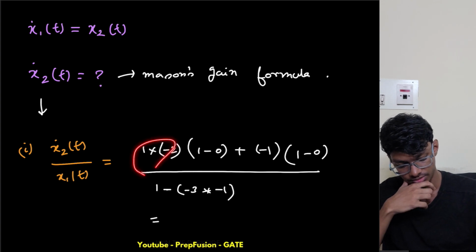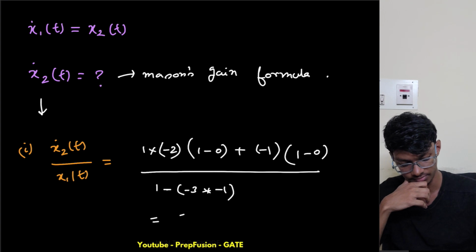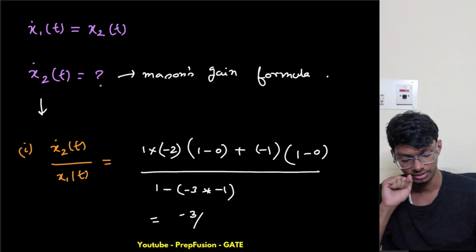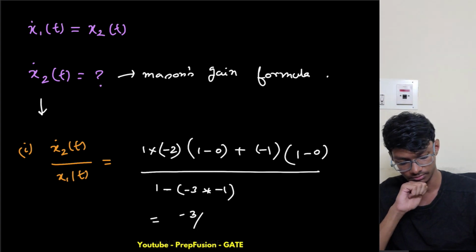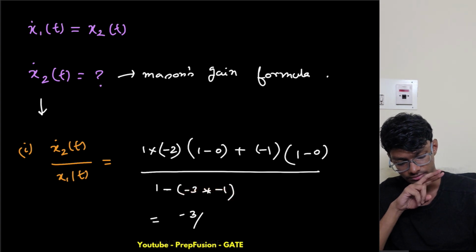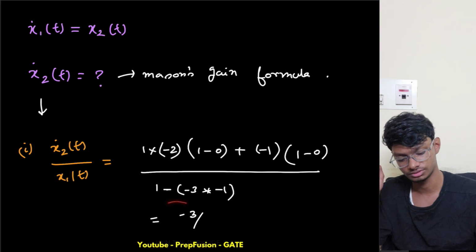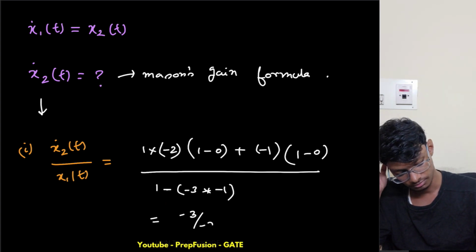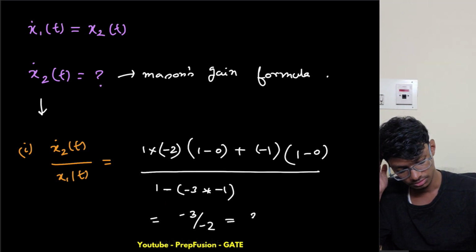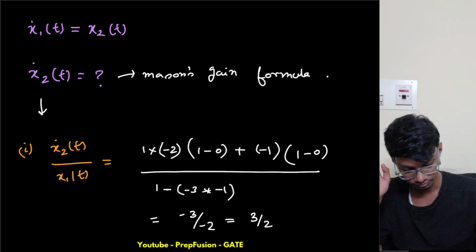The upper half becomes minus 2 plus minus 1, so the upper half becomes minus 3, and the bottom half becomes, minus minus plus, so this is plus 3, and 1 minus 3, which is minus 2. So this is simply 3 by 2, right?